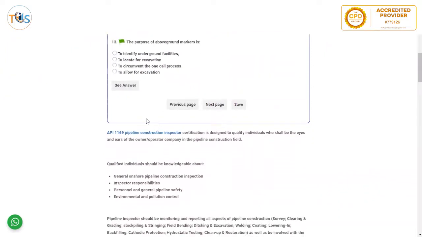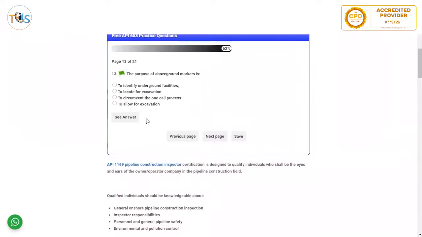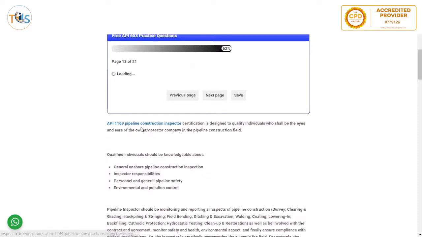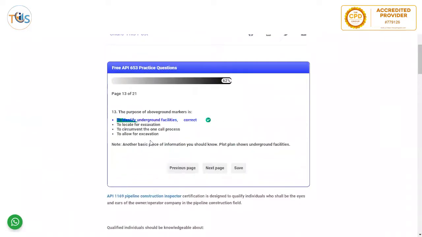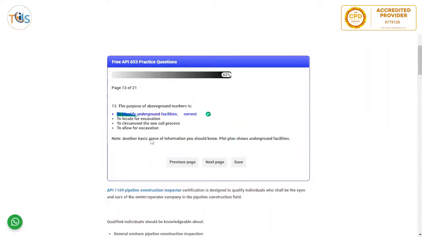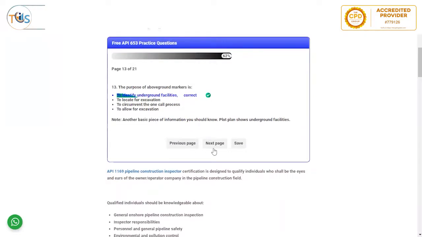The purpose of above ground markers is to identify underground facilities, or locate for excavation. I think it's one of these two, not sure, let's see. Yeah, to identify underground facilities.